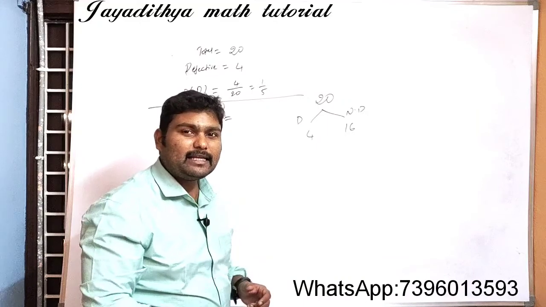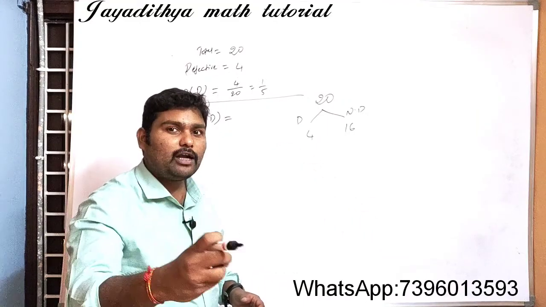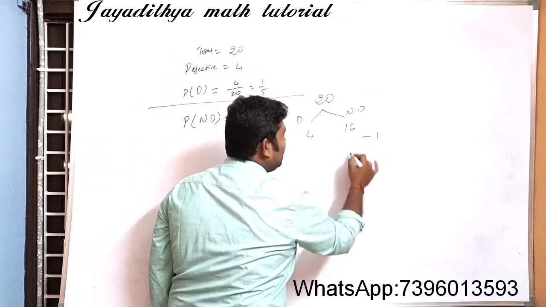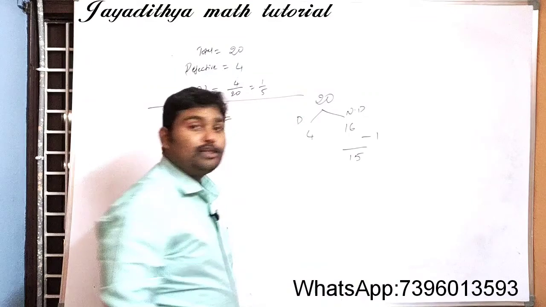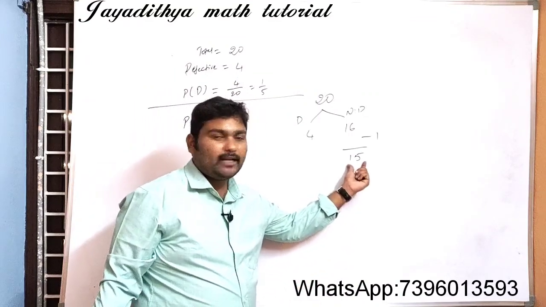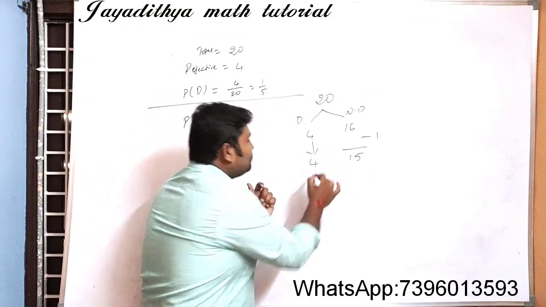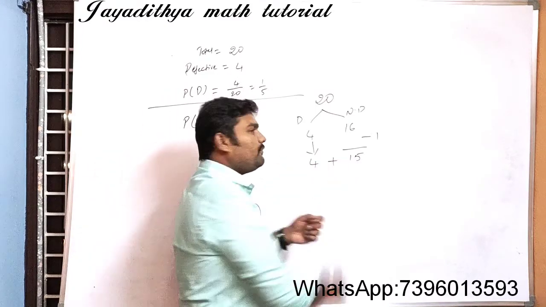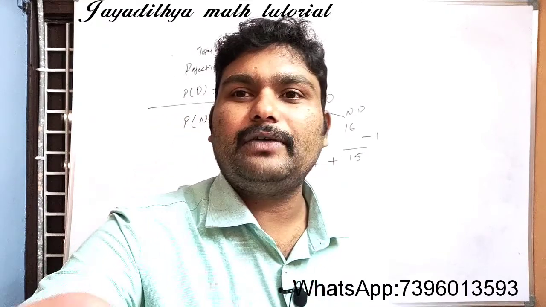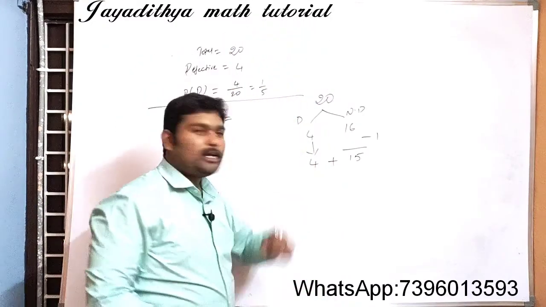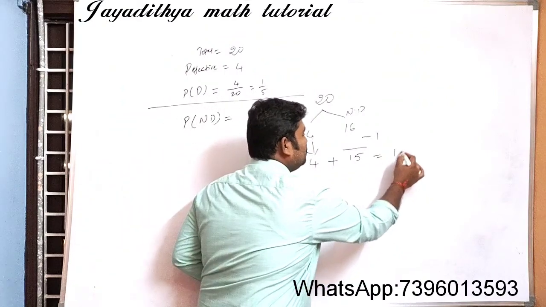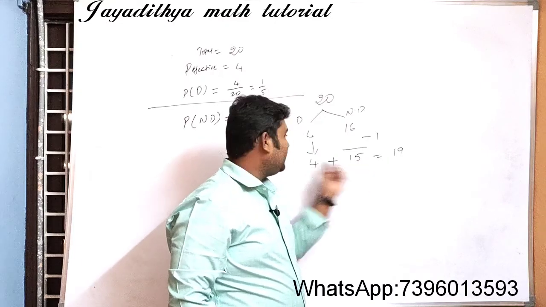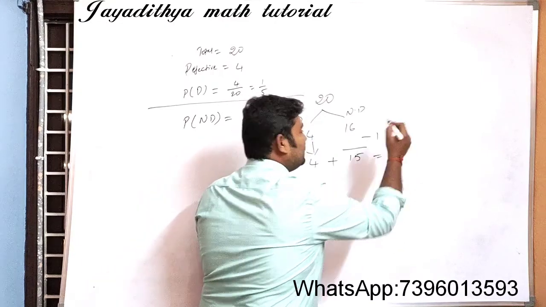So here what he is telling, one bulb which is non-defective is taken and put aside. So from this, one bulb is taken out. How many bulbs will remain now? Non-defective bulbs will be 15 and defective bulbs will be 4. So total bulbs are 19.